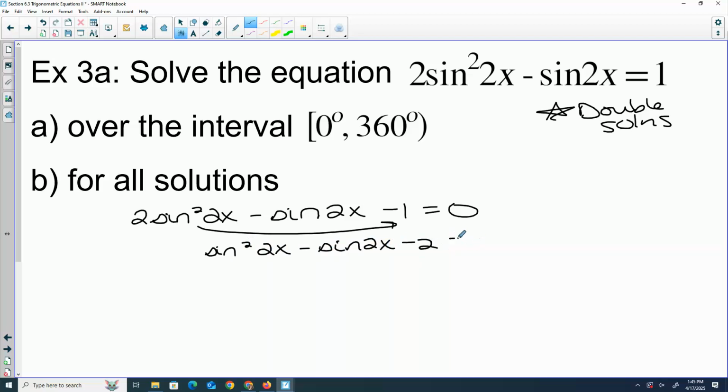This is very similar to the problem we did a minute ago, except when I factor it, it's sine of 2x. So multiply to negative 2 and add to negative 1 would be negative 2 and positive 1.